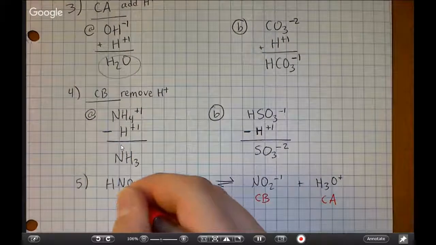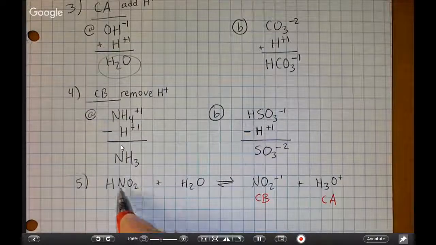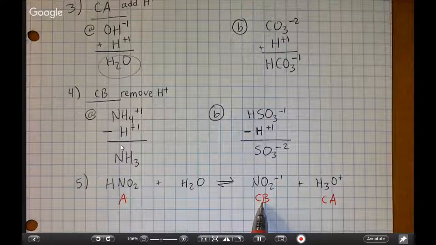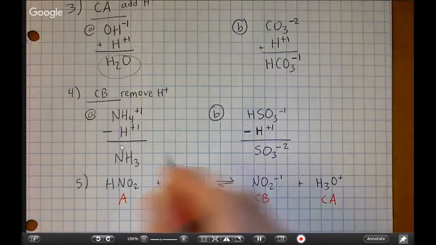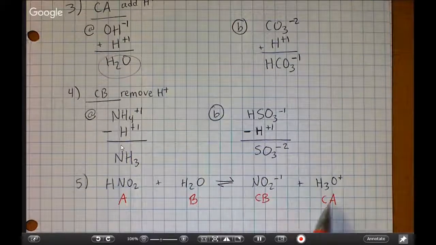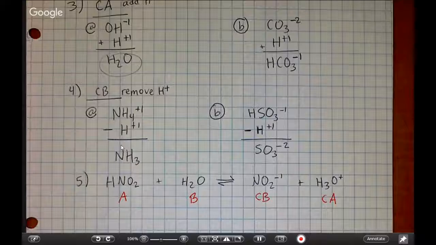It's the acid, right? Because the acid donates the proton, and the result without the proton is the conjugate base, which means water is the base because it accepts the proton and becomes the conjugate acid. So all I'm doing in explaining which one is which is just using the definition of conjugate acid and conjugate base.